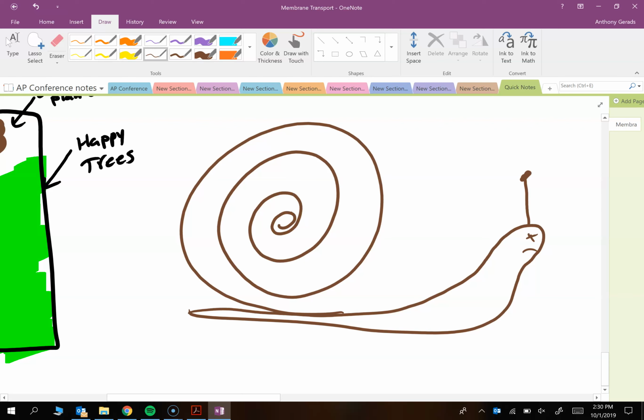Okay. Some of y'all who are jacked up, what do people put on snails? Salt. And do you know what happens to the snail now? Okay. It sucks all the water out of the snail and kills it because you literally dehydrated that snail by sucking all the water out of it.